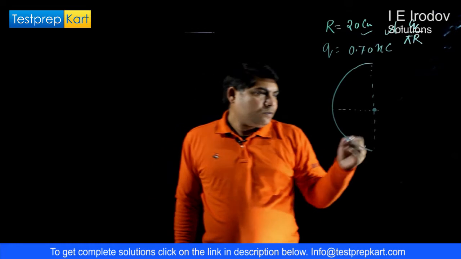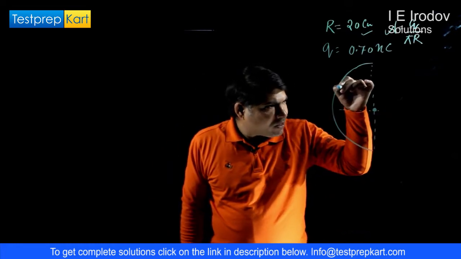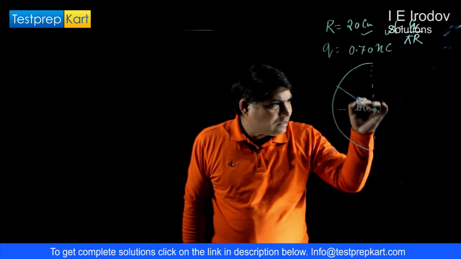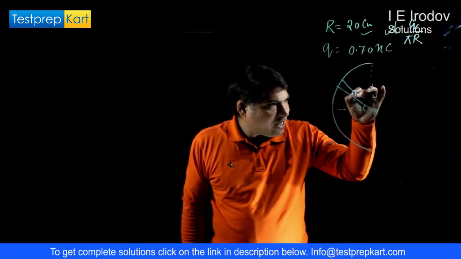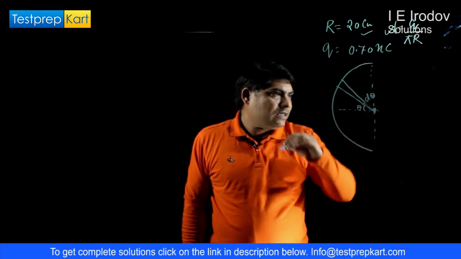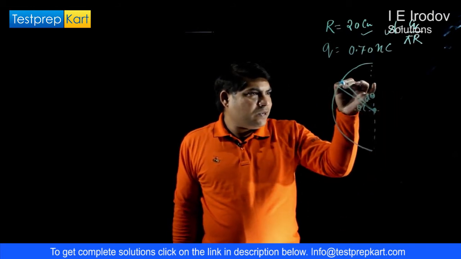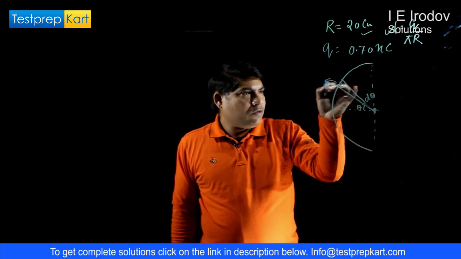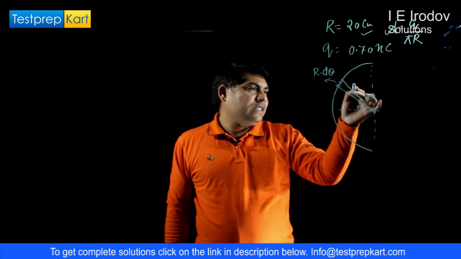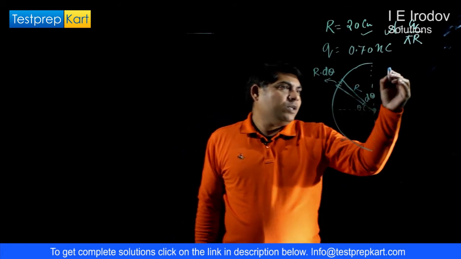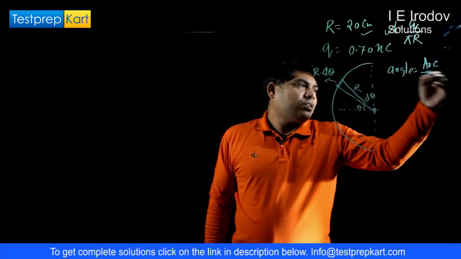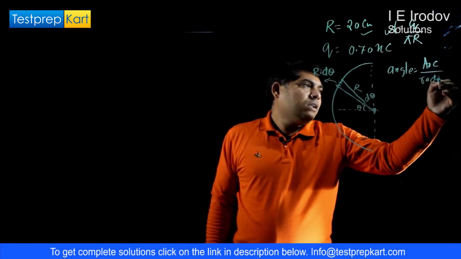Now see, if we take a very small segment at an angle theta, which is subtending an angle d theta at center, then this small length would be equal to r d theta if the radius is r, as we know that angle is equal to arc over radius.